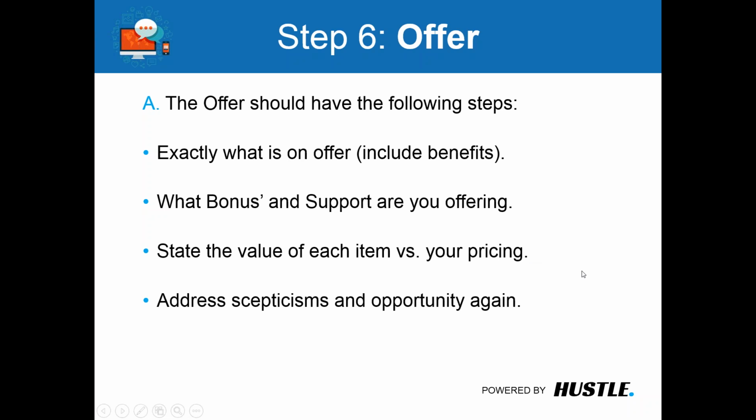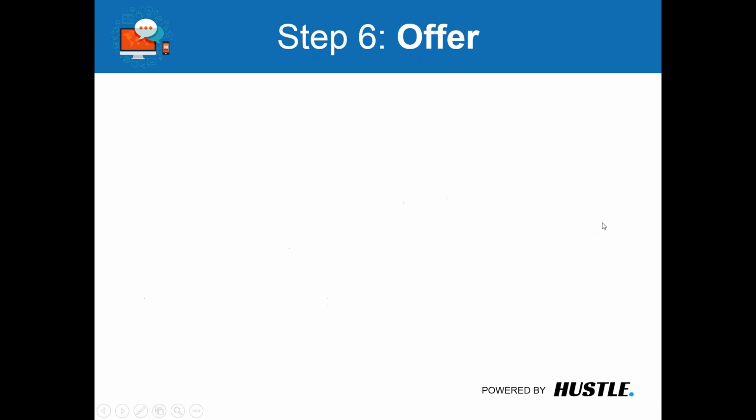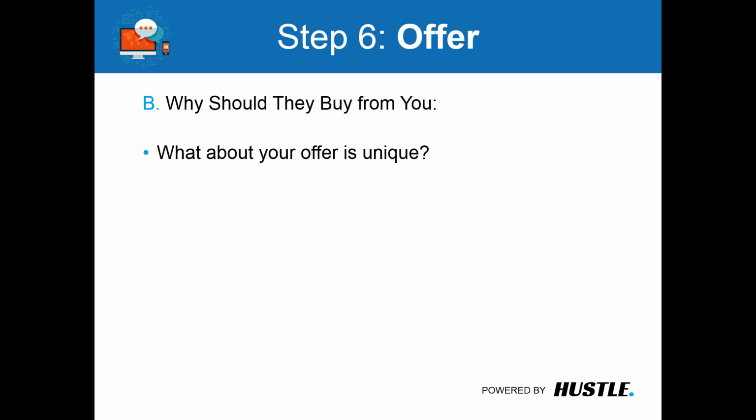And always be addressing skepticisms and opportunity. So skepticism and what they might miss out on. If you try and couple those two together, you'll always be winning. Step B, which is why they should buy from you. This is quite important. You need to do your research about why your offer is unique.